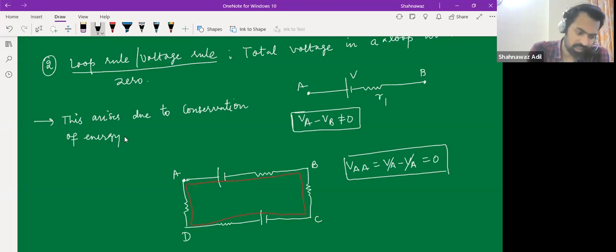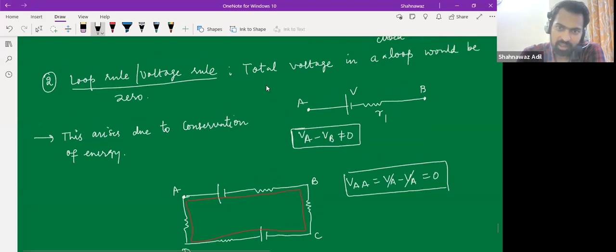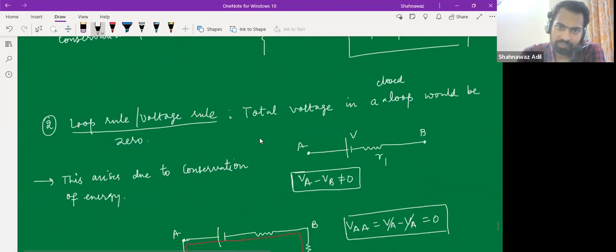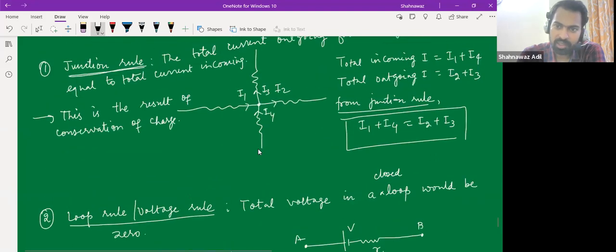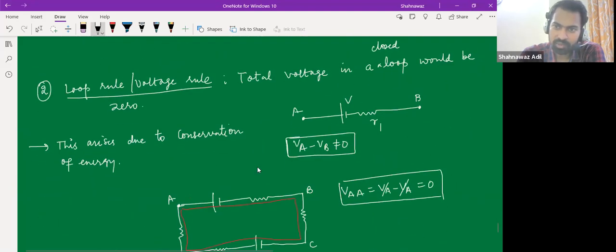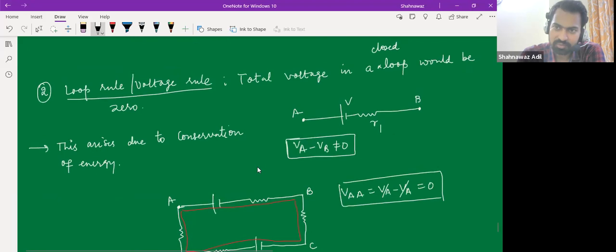So these are the two rules that we follow in Kirchhoff. There is a sign convention which is very important, so I will talk about that. But please note down this part first and then I'll talk about the sign convention.